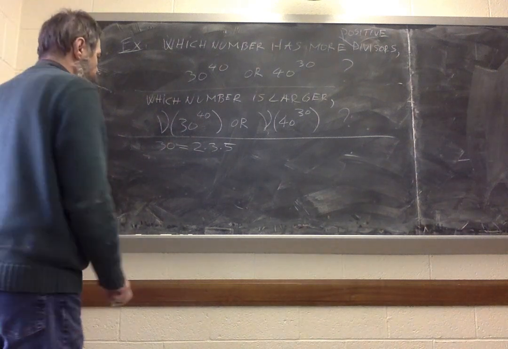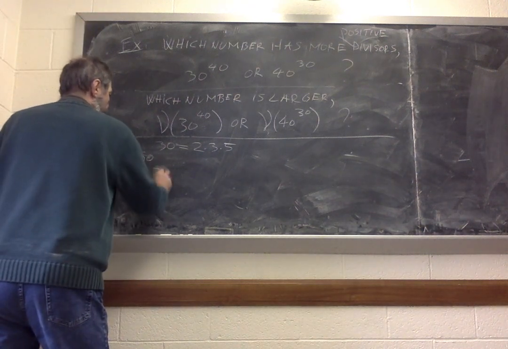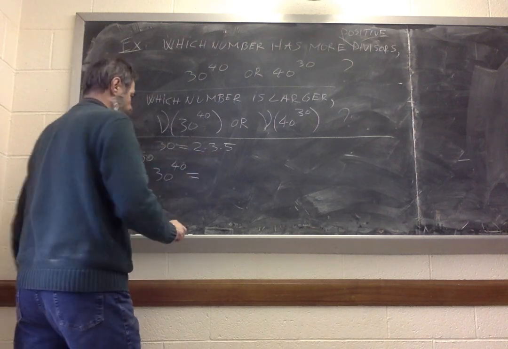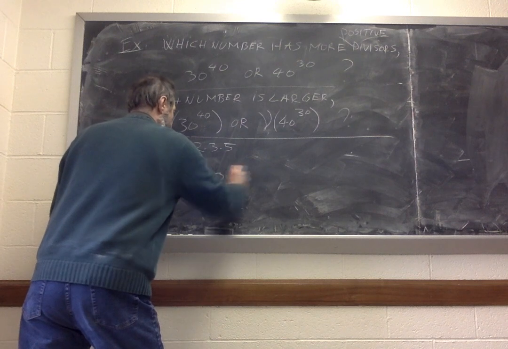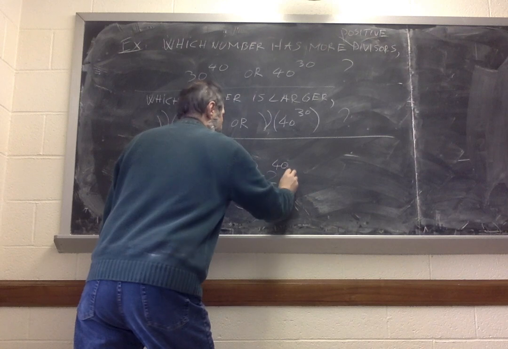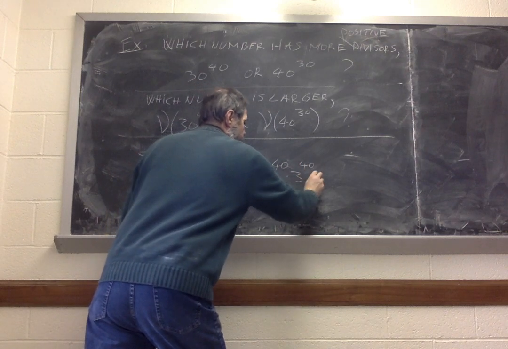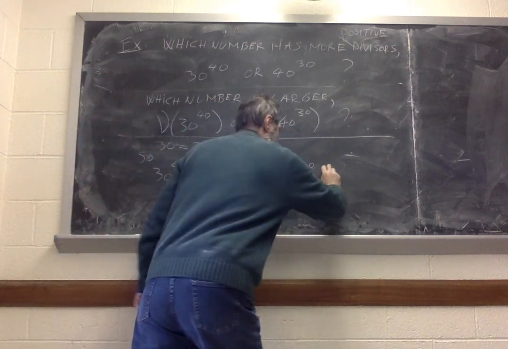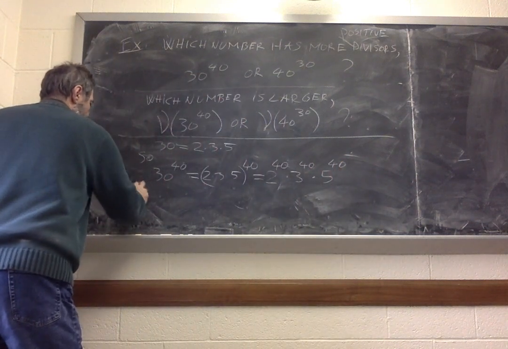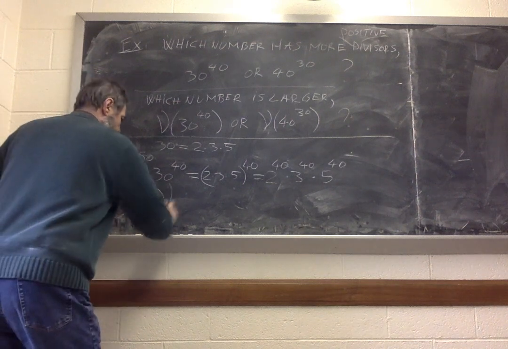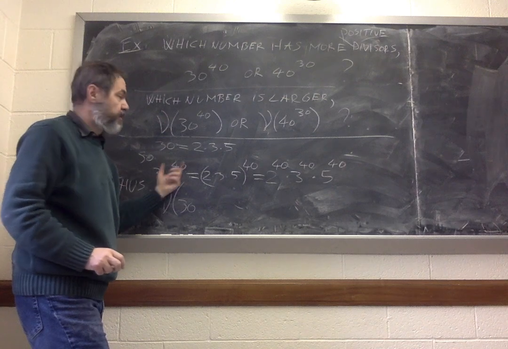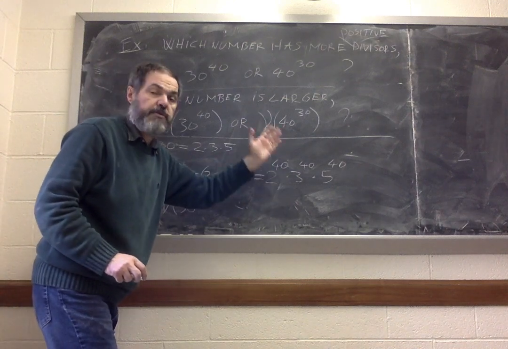So I say 30 to the 40, it's this expression to the 40, 2 times 3 times 5 to the 40. So that's 2 to the 40 times 3 to the 40 times 5 to the 40.